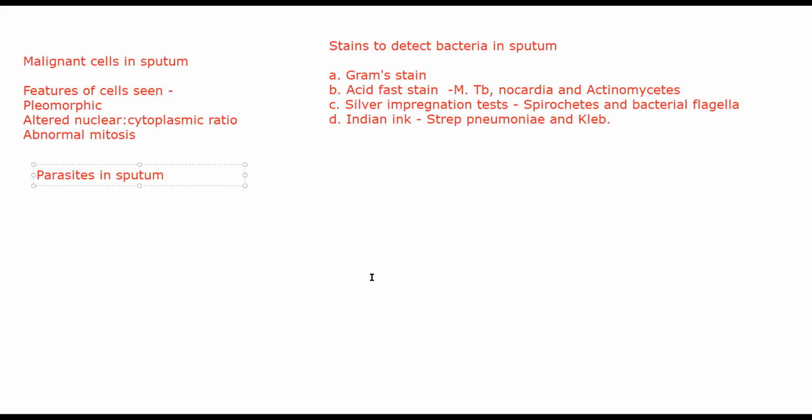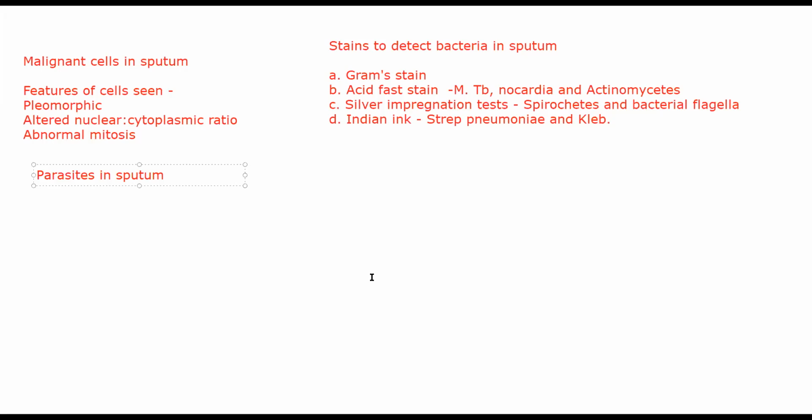If there is a hydatid cyst infection of the lung, the patient will cough out scolex and hooklets, the parts of the parasite that help it hook onto the cells. Sometimes you can also see daughter cysts. Inside the sputum you can see ova of Paragonimus.